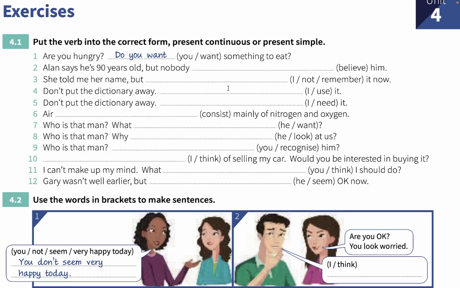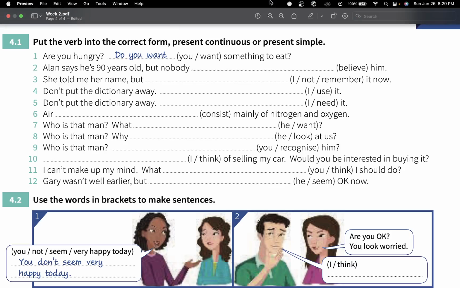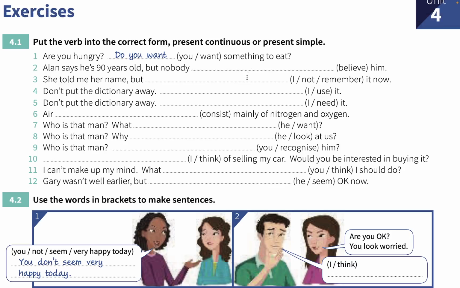Blah blah blah, you want something to eat. So in the correct form, it's do you want something to eat? So the correct form is either present continuous or present simple. Do you want to read this first and then we can answer it, or do you want to just answer all of this together?